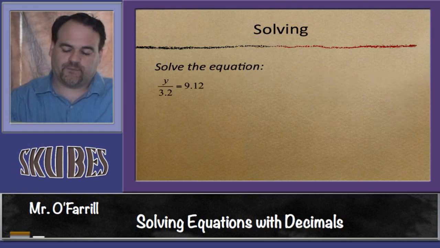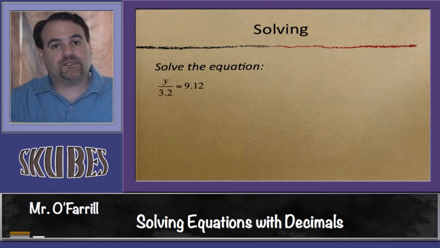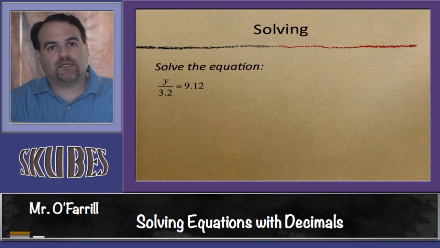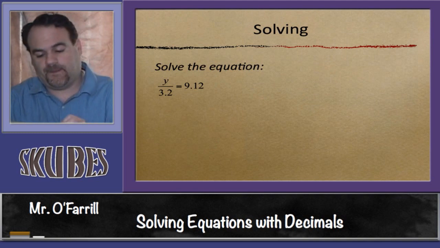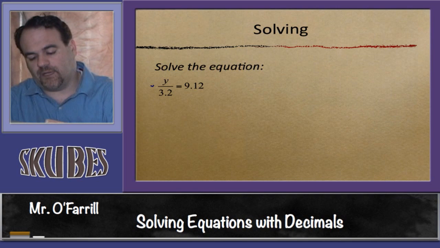So let's finish this up with a problem that has division that we're going to change into multiplication. And since for the last 2 problems we got rid of the decimal, why don't we just go ahead and leave the decimal here this time. We're going to multiply both sides by 3.2.